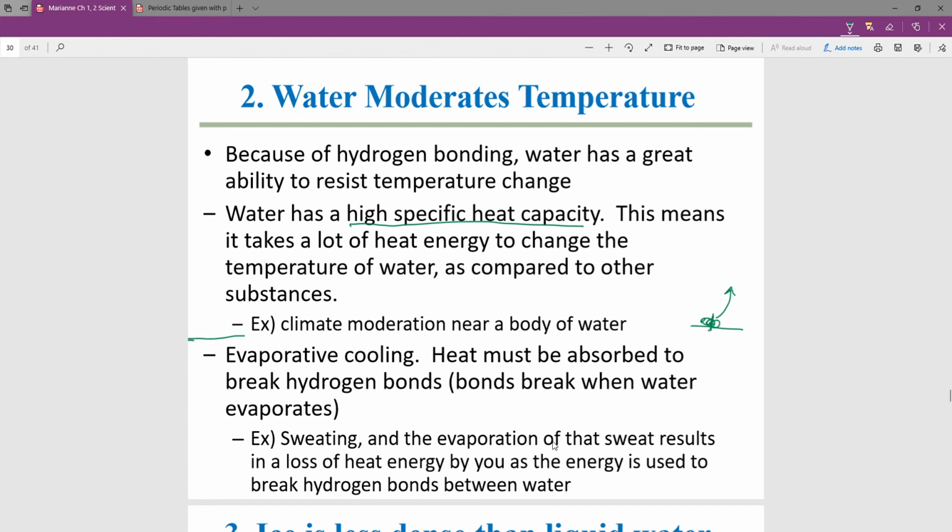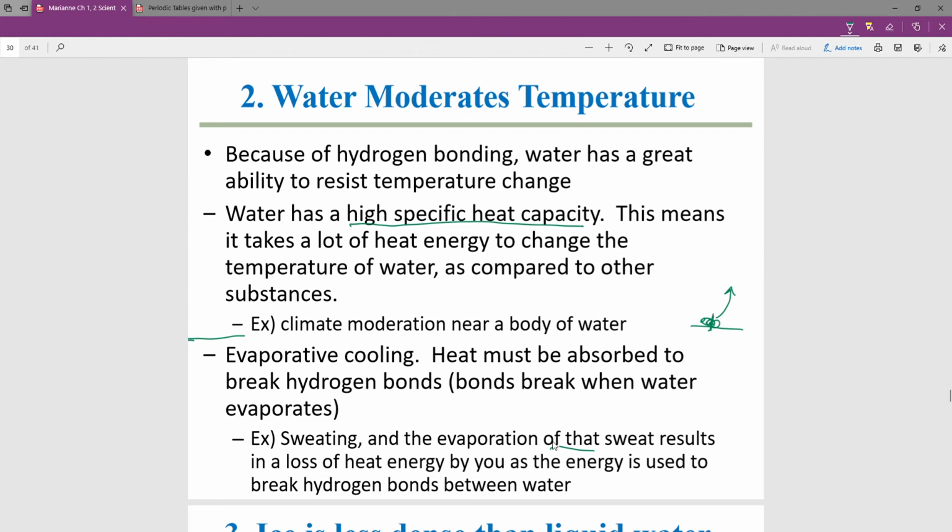And so when water breaks those bonds, that energy that is used to break them is taken from somewhere, and it's taken from you. So sweating and the evaporation of that sweat results in a loss of heat energy by you, as the energy is used to break those hydrogen bonds between water. So that heat energy goes into breaking those bonds, and you feel cooler.